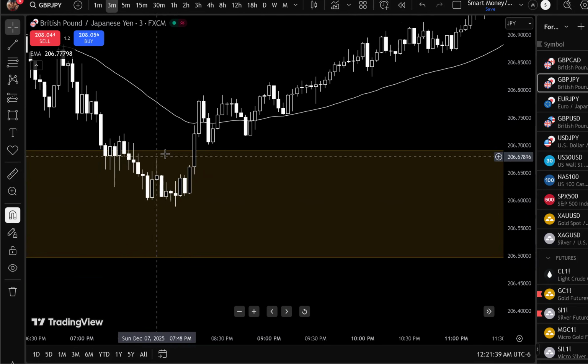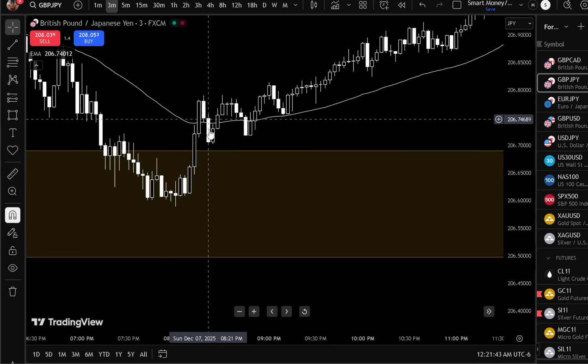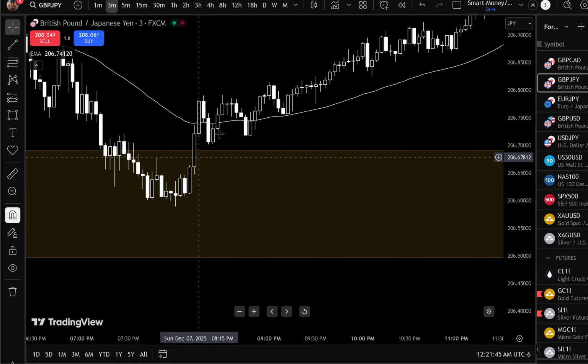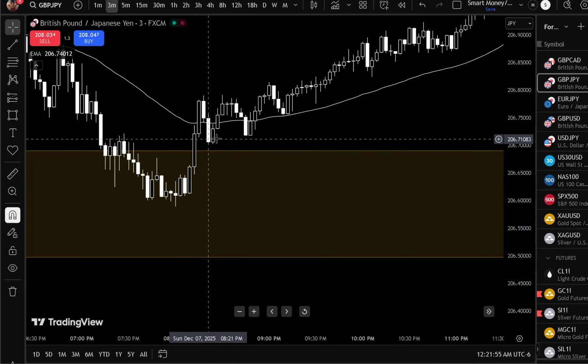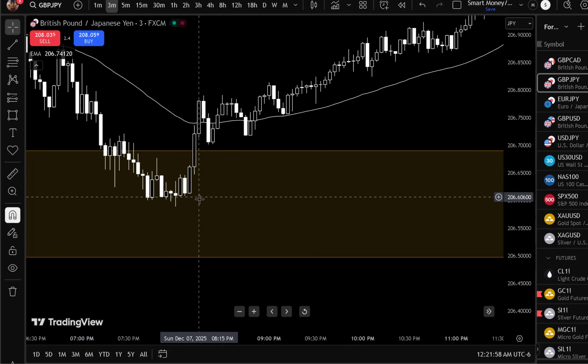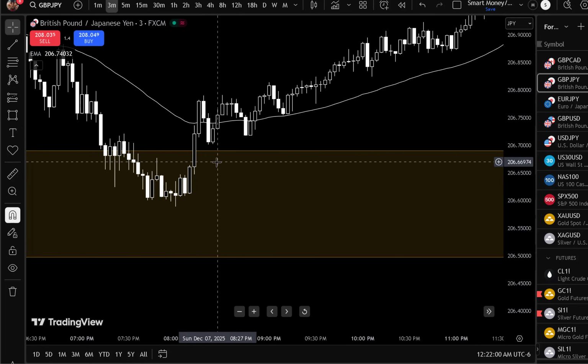All right. Broke this high right here. Broke this high, came down. Now, it didn't come all the way down. We didn't get a deep retracement, but it did come into fair value where you could have got in your trade on a 3 minute, your stop loss way down here. All right.